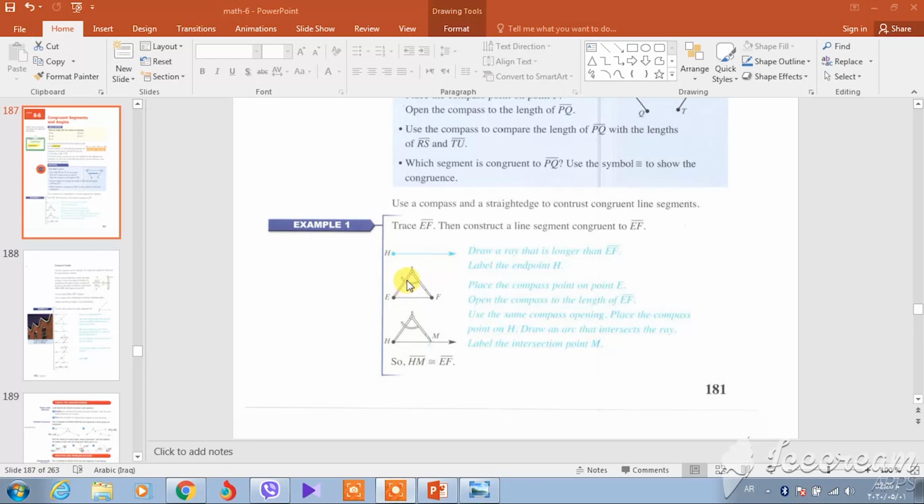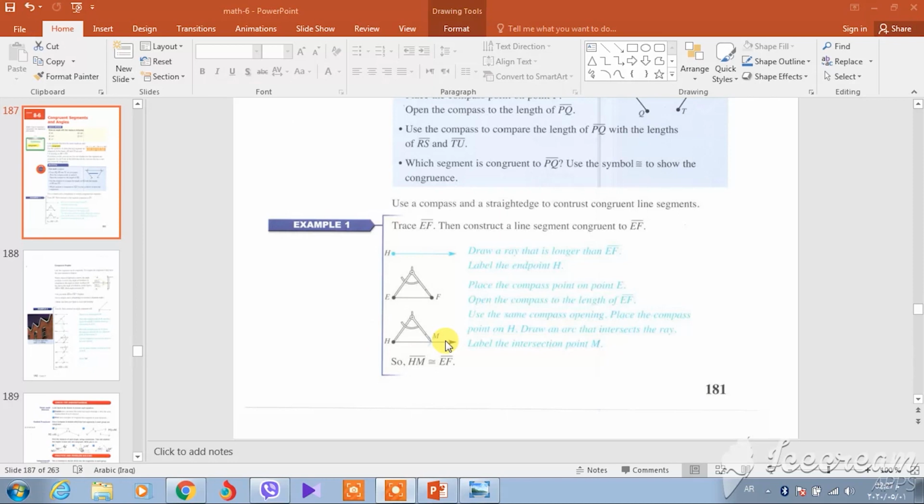For example, you have EF, and you can construct another line segment that is longer. After that, don't change the compass, move it to the other long line segment and identify this point. For example, I write it HM.